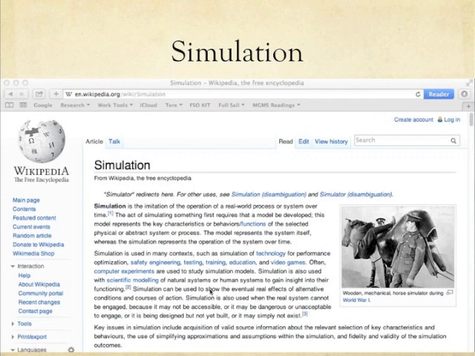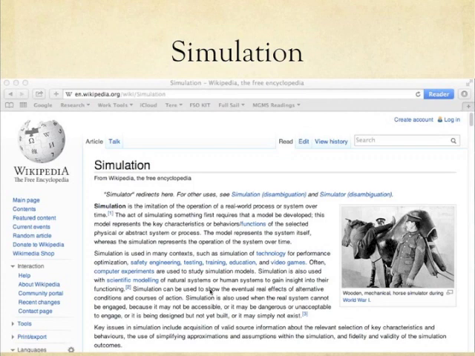So I mentioned the difference between using a model in an idealized system situation for a game and using a model for a simulation. So let's look at the idea of simulation here. Simulation is the imitation of the operation of a real-world process or system over time. The act of simulating something first requires that a model be developed.